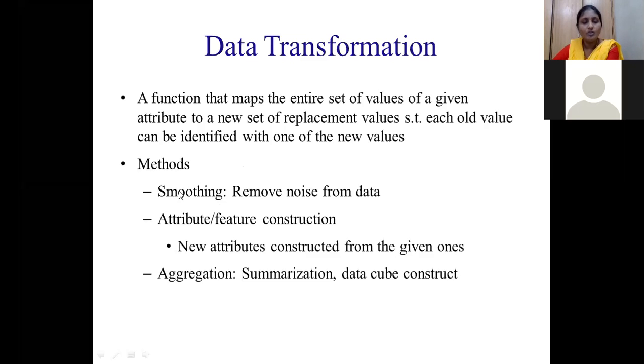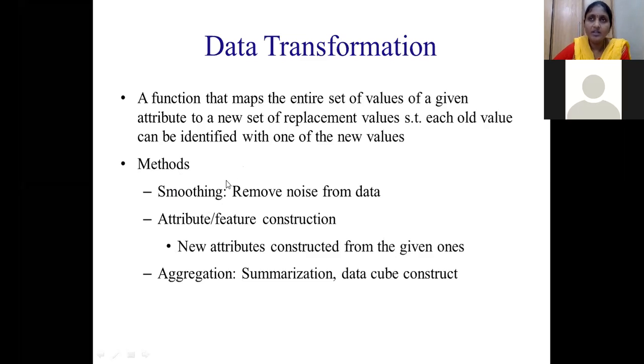Smoothing technique. We have already discussed this smoothing technique a number of times, in the first data cleaning methods itself. Smoothing by bin methods removes the noise from the data.